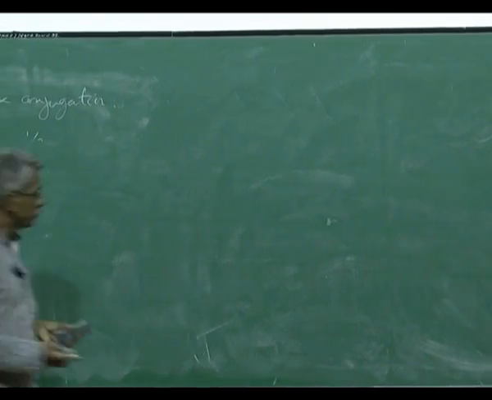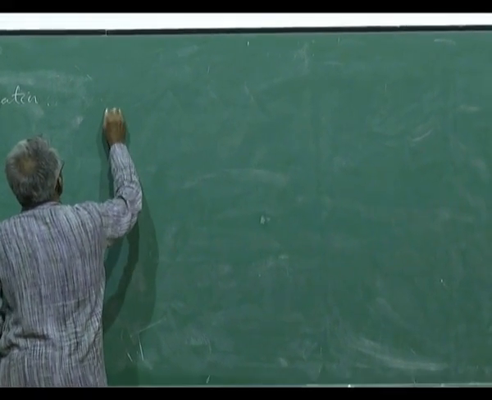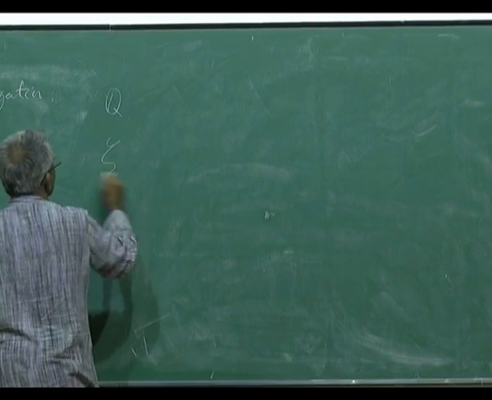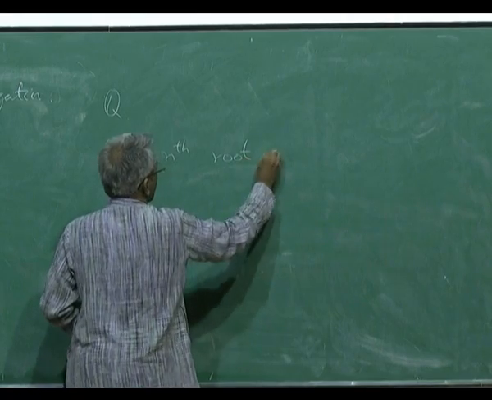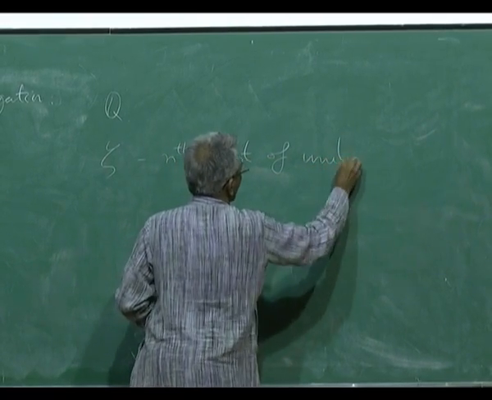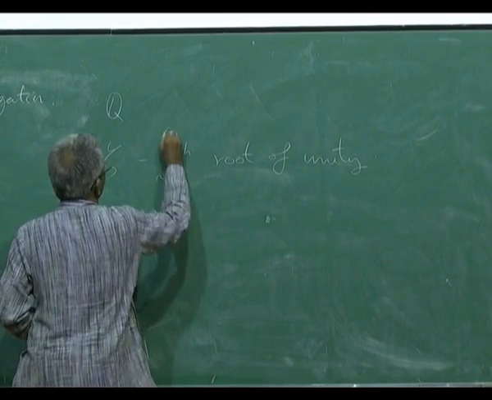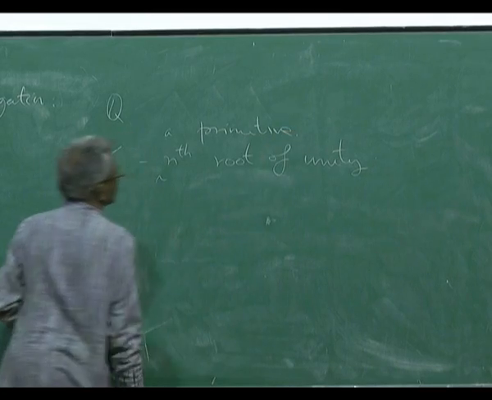Okay, now let us look at this other example I had in mind, which is to just take the rational numbers and let us look at zeta, a primitive nth root of unity.